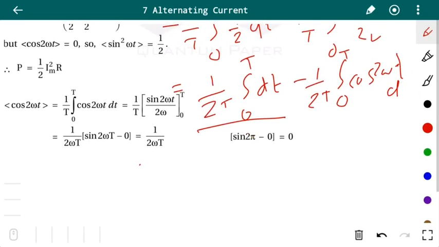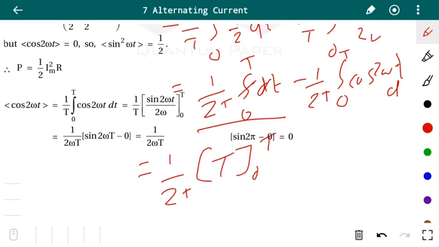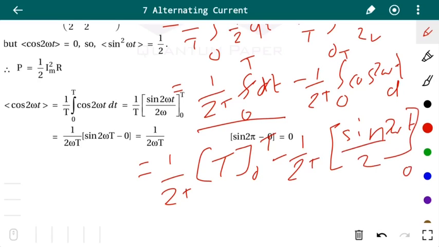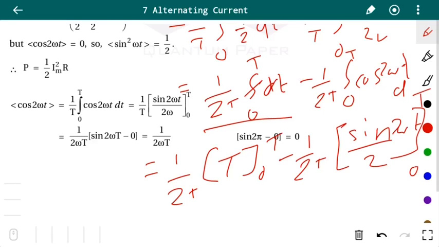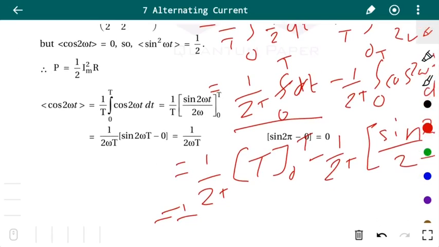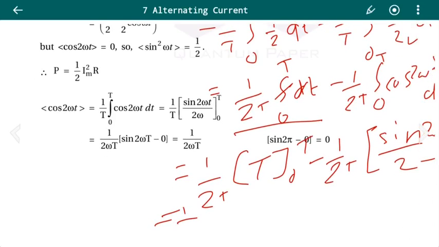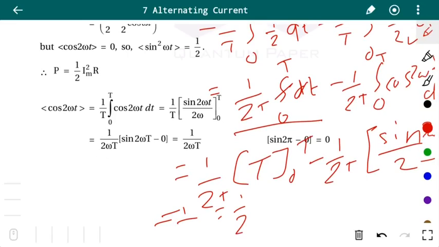So the first term becomes 1 by 2T, the integration and derivative get cancelled and we are having just t, that is 0 to T, minus 1 by 2T, integration of cos 2 omega t will be sin 2 omega t divided by 2, from 0 to T. So the first step will be 1 by 2T into T minus 0, so T gets cancelled.